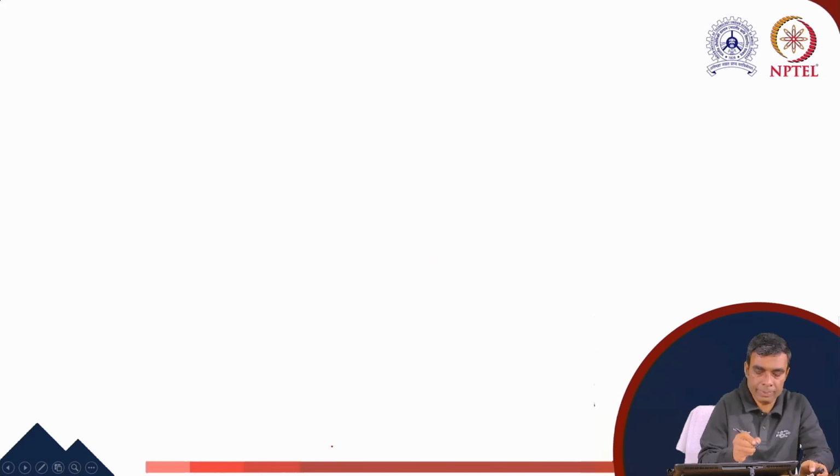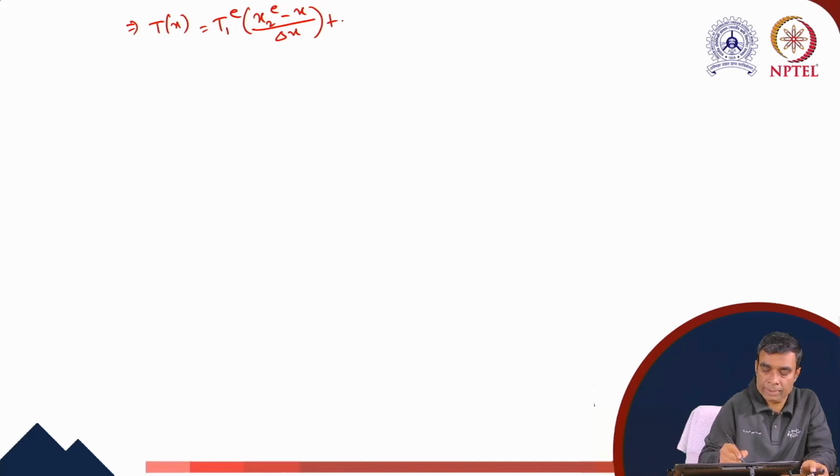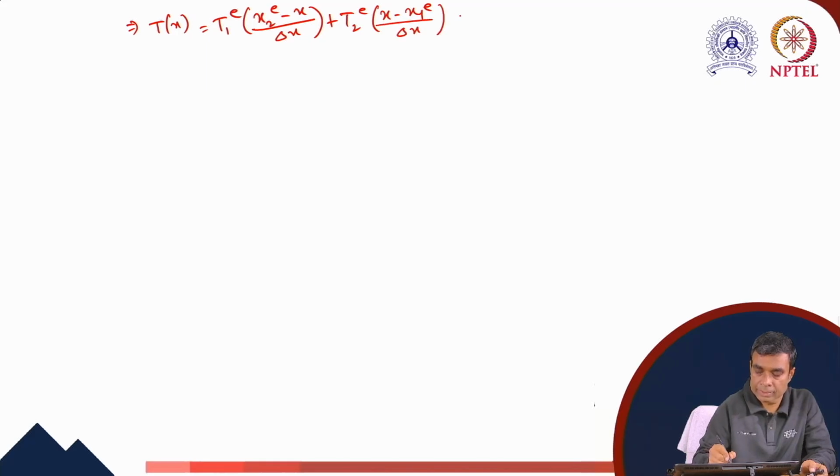So we got here T(x) equals T1e into x2e minus x by delta x plus T2e into x minus x1e by delta x.